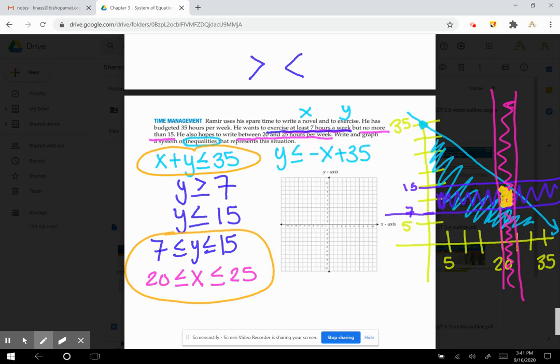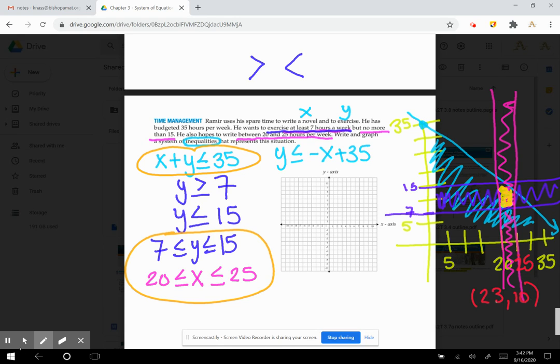So a great homework question would be, what combination of hours of exercise and number of novels would work? Well, you would pick a point in between this yellow shaded area. So you could say, if this was 20 and this is 25, you could say (23, 10).